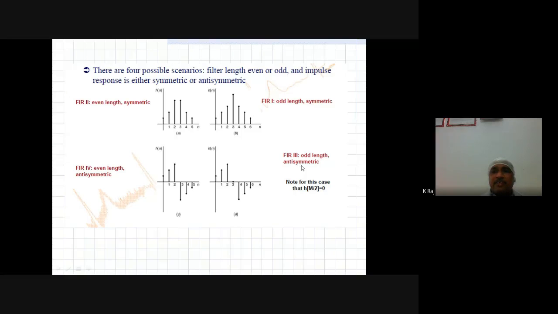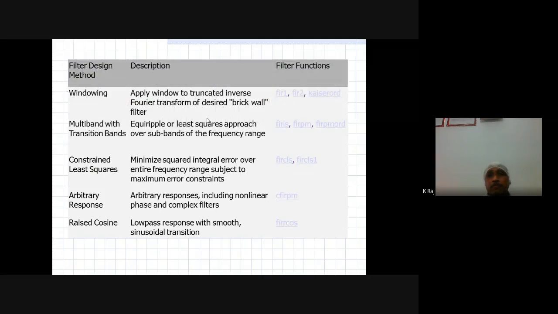Similarly, with anti-symmetry, again we can consider the length of the filter to be even or odd. So there are four possibilities of the symmetry conditions. We will discuss these four types of responses of the FIR filter when we consider the design of the linear phase response filter.